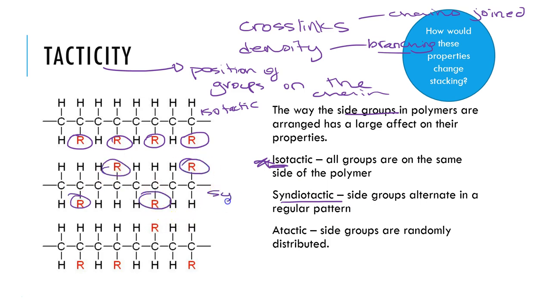So this one is syndiotactic. And then the last one we have is atactic, like asymmetrical, there's no pattern. These are just random. So atactic is random. How these are positioned can change the way that they stack, how closely they get to each other, and how they behave.